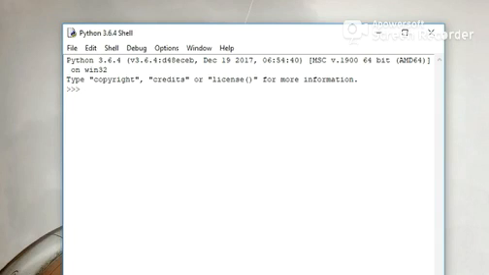In this video, we learn about the types of numbers and operators in Python. Let's see. Generally, we have mathematical operators such as for addition and subtraction, multiplication, and division.